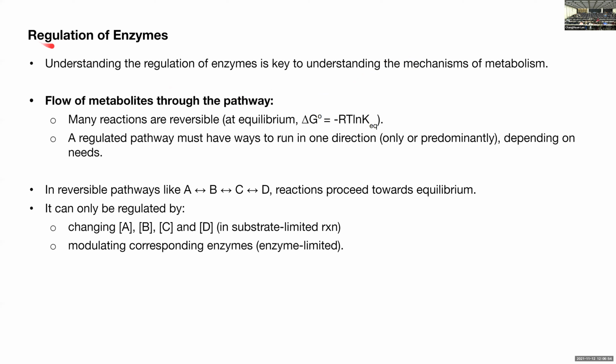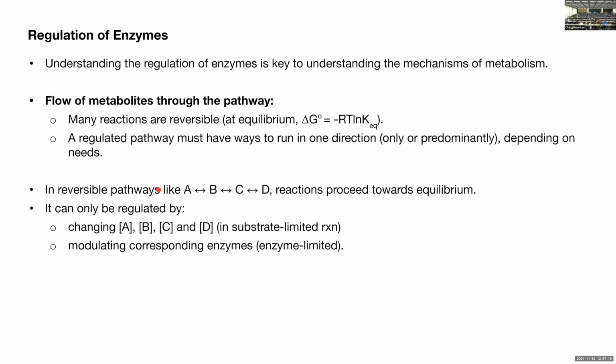And the regulation of enzymes is basically regulating or modulating the flow of metabolites through the metabolic pathway. And again, many reactions are reversible using this equilibrium. But a regulated pathway should move in just one direction, at least predominantly, depending on its need.